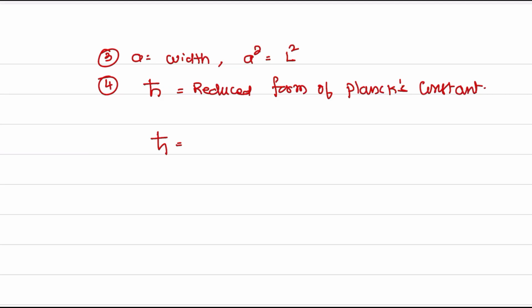It is regularly used in modern physics, in higher physics classes, BSc and MSc, and also in your PhD or engineering. When you go into the advanced engineering classes, you will get the reduced Planck constant. Reduced Planck constant is nothing but Planck constant by 2 pi. Please remember this.